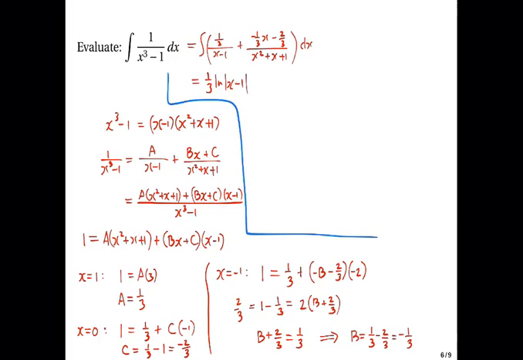And then here, let us factor negative 1/3.